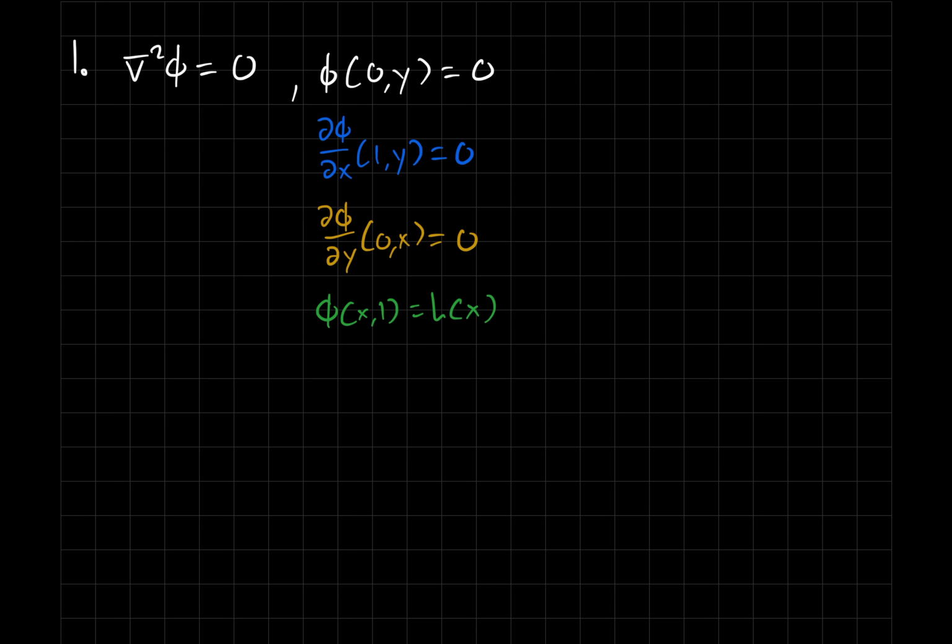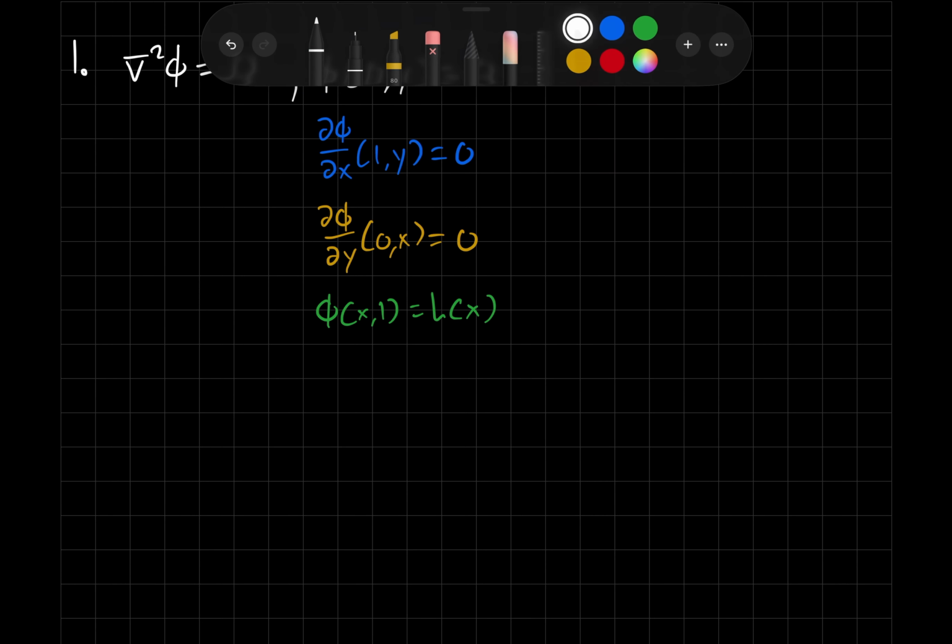So these boundary conditions actually have a name to them. Specifically, ones where the derivative is equal to 0, such as these two, are called Neumann boundary conditions.